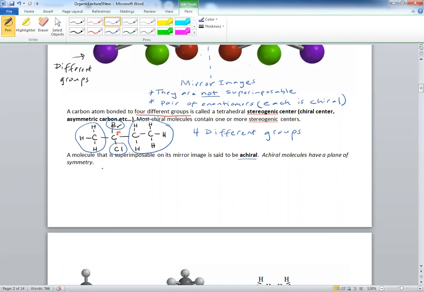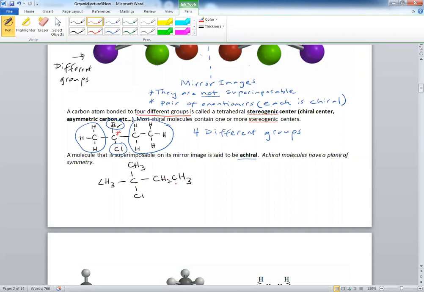An achiral molecule would be something, and I'm going to use a shorthand here, like CH3, CH3, even if we have a Cl and a CH2, CH3. None of these carbons have 4 different groups. All of them have at least 2 of the same groups.